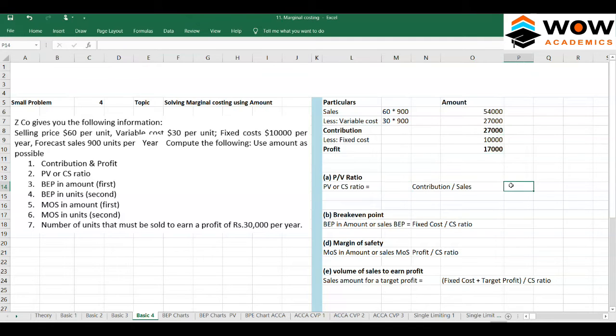Let's work out PV ratio. So the answer is 0.5.